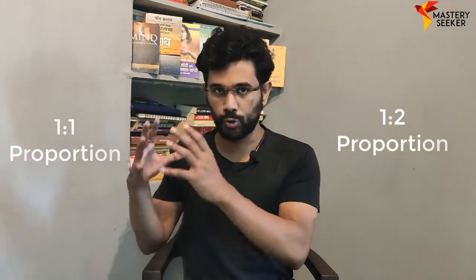In Sanskrit, deep breathing is called as samakala samagati dirgha shvasana, which means that when you inhale and exhale with equal speed and with specific time period, it is called as deep breathing. So there are two types of deep breathing process. The first deep breathing process is 1:1 proportion, and the second deep breathing process is 1:2 proportion.